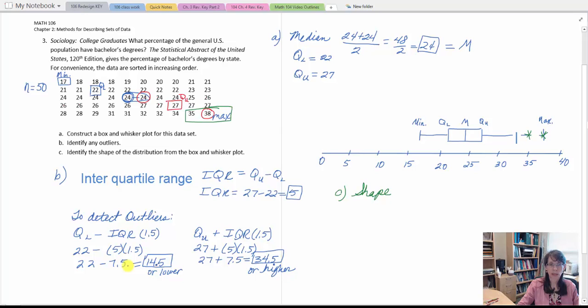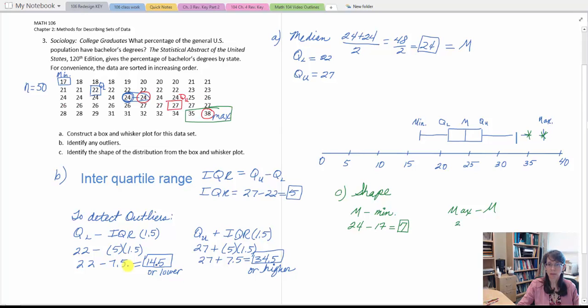So we can make an actual calculation to determine how long each of these whiskers is. We'll start with the median and subtract the minimum measurement. And our median is 24 minus 17, and that is equal to 7. So it's a distance of 7 units from the minimum to the median. Then we'll compare that to the maximum value minus the median.